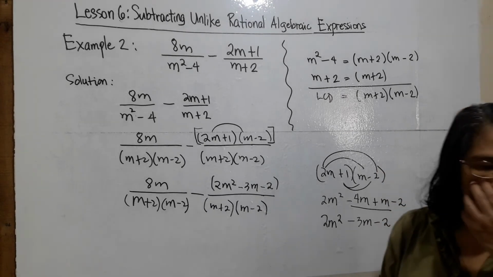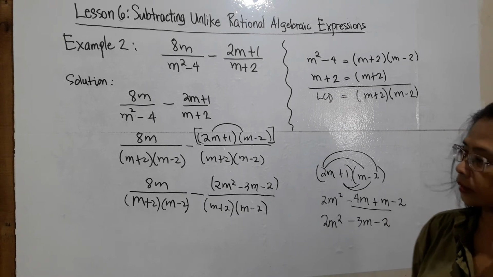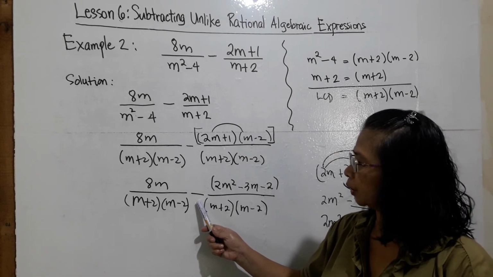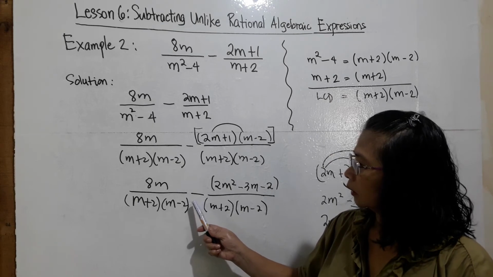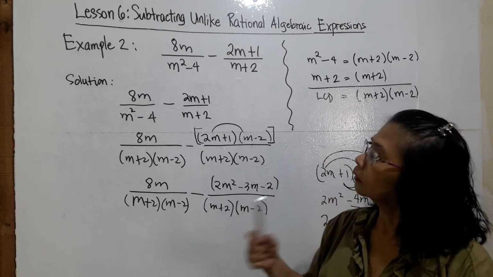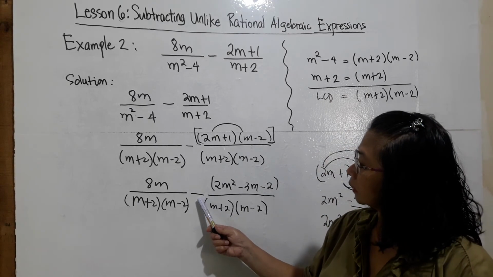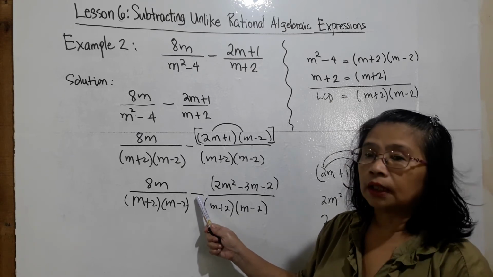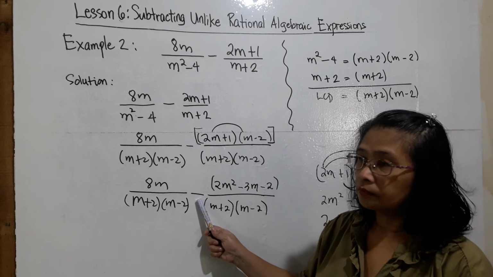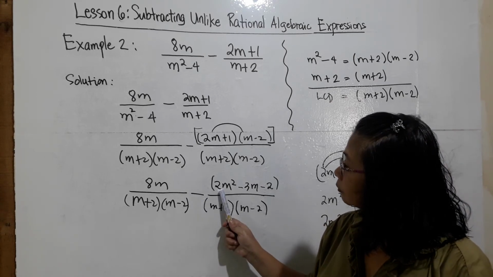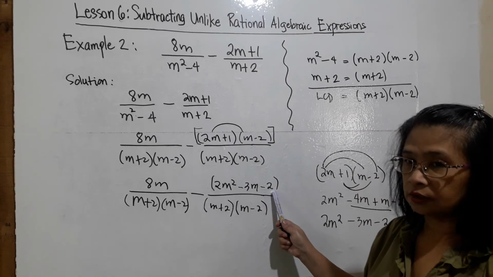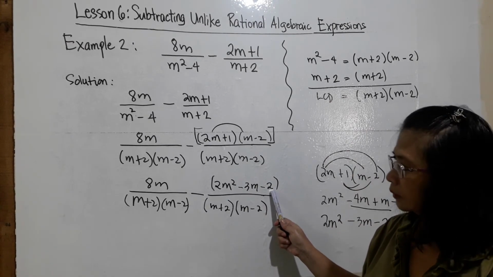Then we will apply the rule in subtracting integers since the operation involved is subtraction. According to the rule, in subtracting integers, we have to change the minus sign to a plus sign. But each term in the subtrahend should be changed also to its opposite.